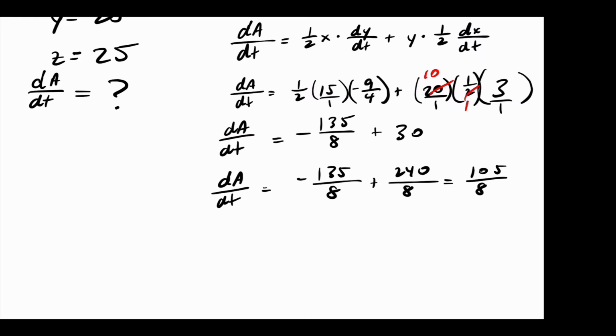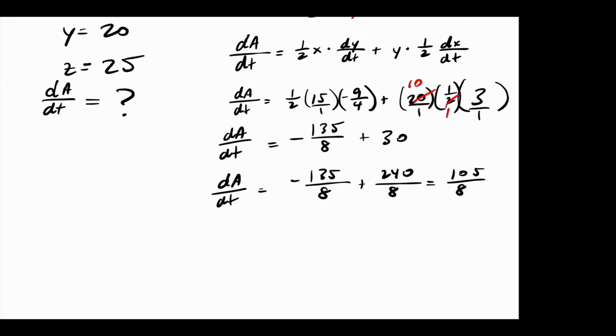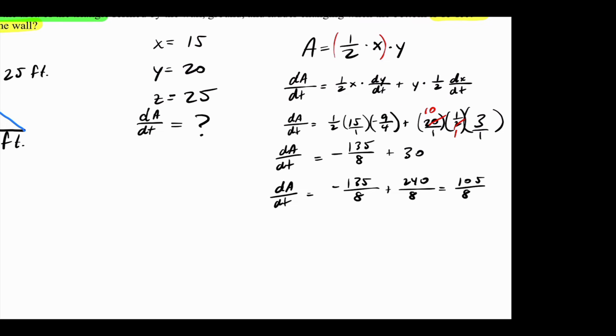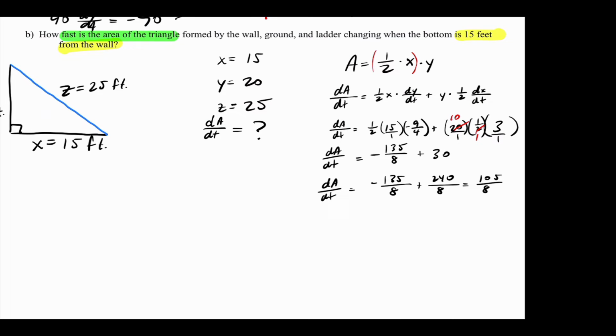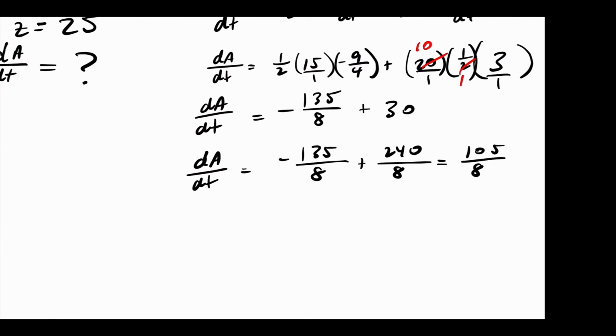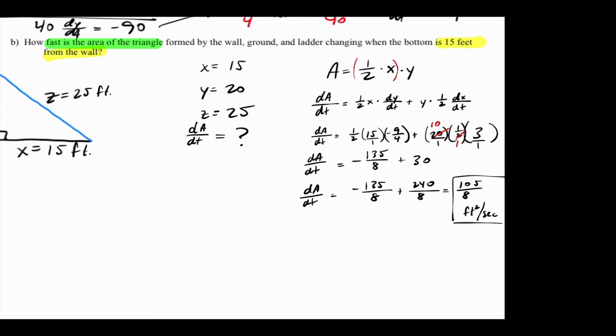So leave it like that. My question is, what units does this guy get? Feet squared, because it's area, and it's a rate, so it's over time.